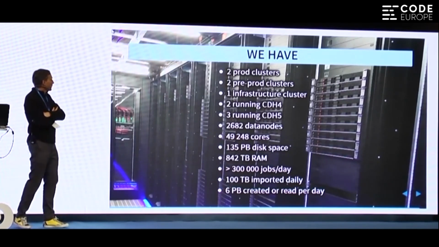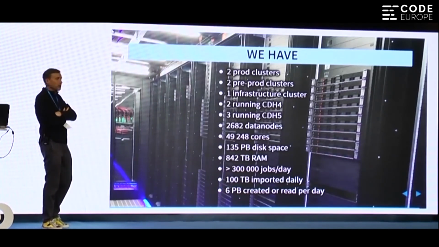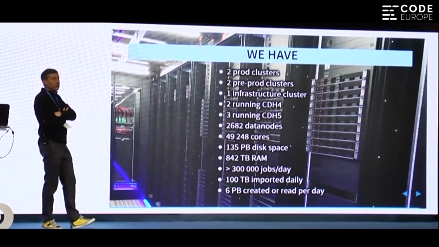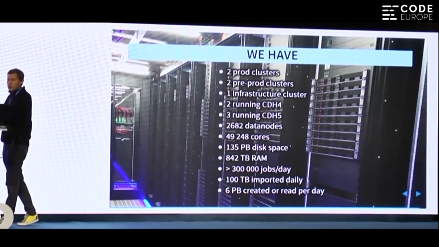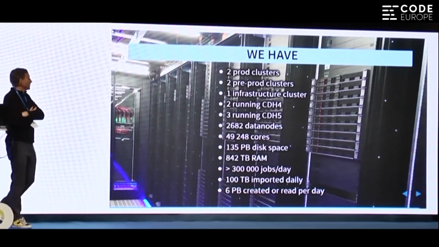We're heading towards 3,000 data nodes. We have 50,000 cores. Lots and lots of disk space, lots and lots of RAM. Huge numbers of jobs that run all the time, 24 hours a day, which is one of the reasons that it's better not to use the cloud. And we churn through petabytes of data a day.